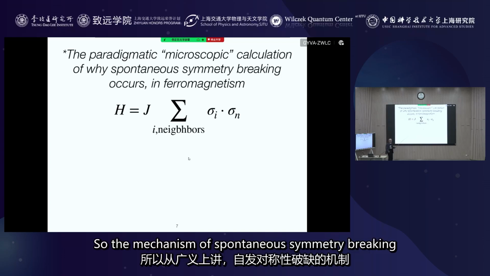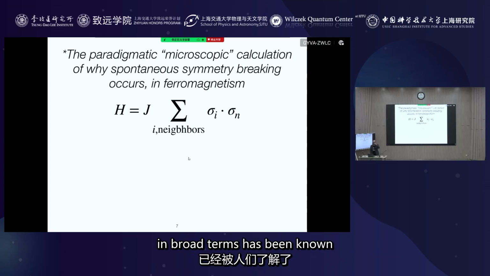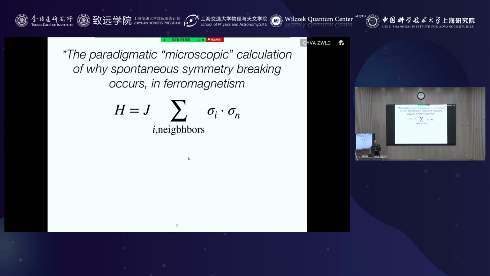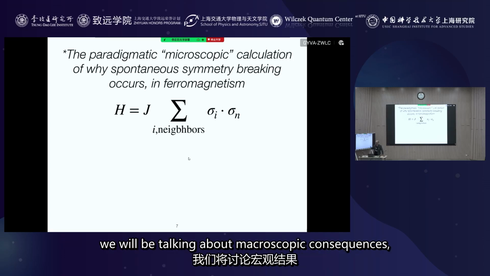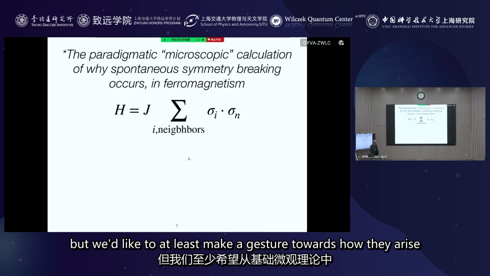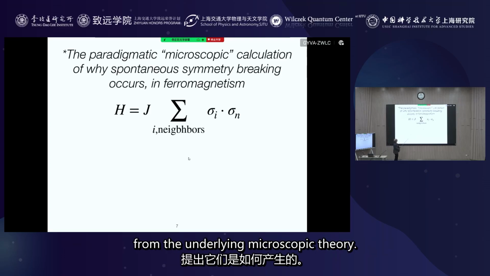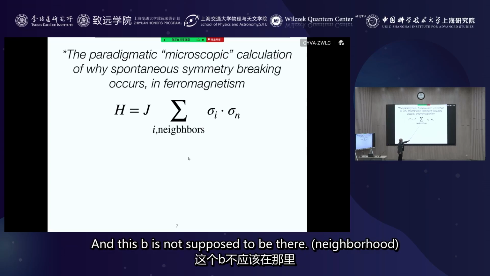So the mechanism of spontaneous symmetry breaking in broad terms has been known for a long time, but it's worth recalling because we'll be talking about macroscopic consequences, but we'd like to at least make a gesture towards how they arise from the underlying microscopic theory.